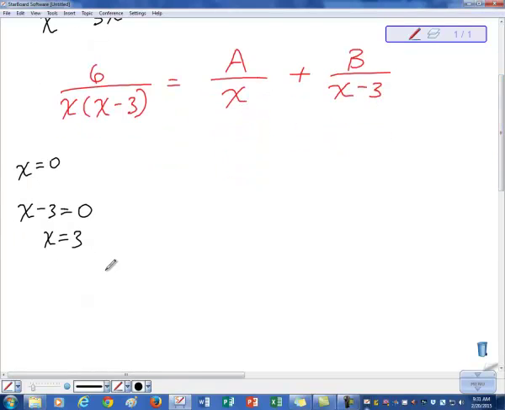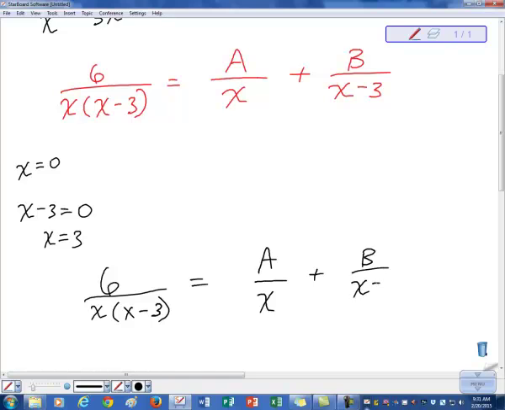So the first thing we're going to do here is multiply out the denominator, and it's easier to multiply it out when it's factored. So we would multiply x times x minus 3 by each term.